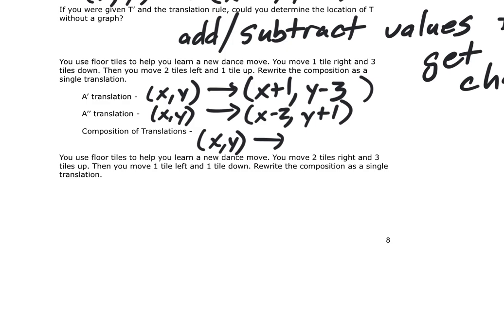I moved right 1, and then I moved left 2. So how much have I moved total? Left or right? How much? If I go right 1, and then I go left 2, which direction?